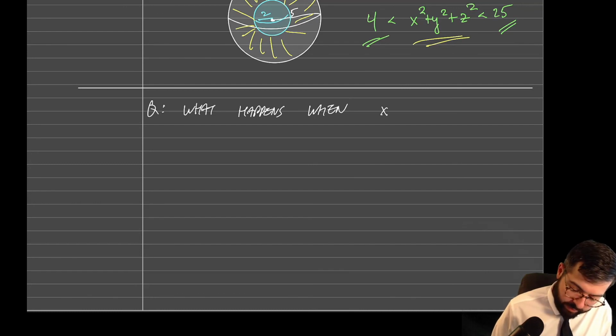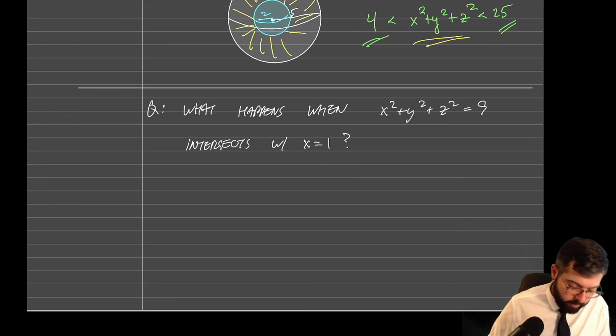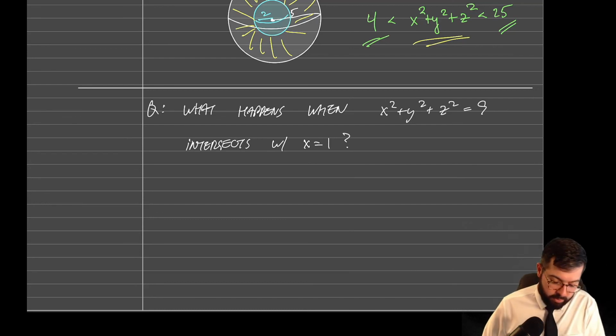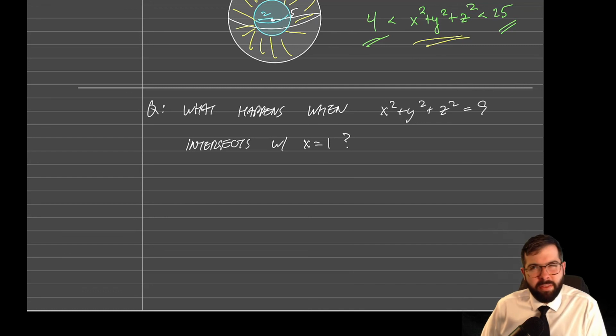What happens if I've got this sphere? What happens when this intersects with the plane x equals 1? So what do you think happens?